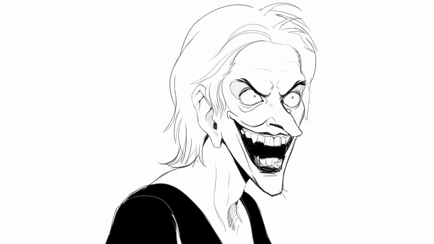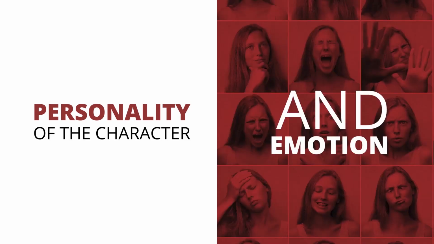No. You are exaggerating the evilness. That's good exaggeration. Good exaggeration focuses on the personality of the character and the emotion. Maybe the character doesn't need the nose to be bigger. Maybe to exaggerate the evilness, you can make it pointy.